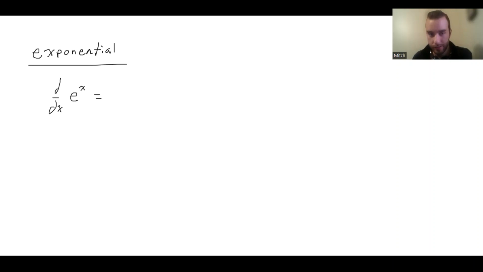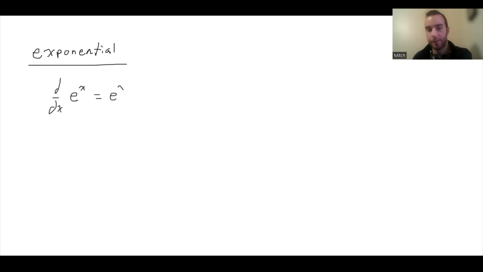And then the last elementary function that we need to remember is the exponential. This is a super easy one. The derivative of e to the x is e to the x.